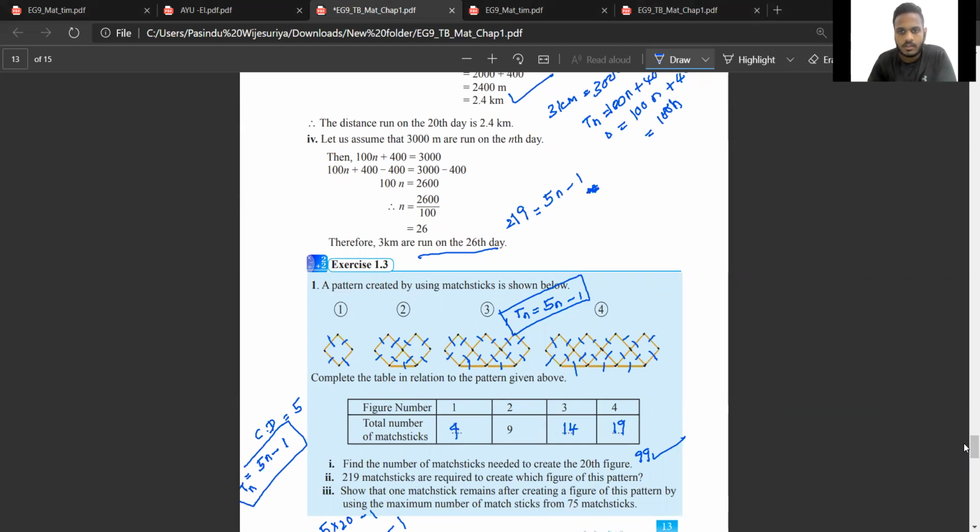So when you bring it to the other side, 220 equals 5n. n equals 220 divided by 5. The answer is simple division, 44. So n is 44.